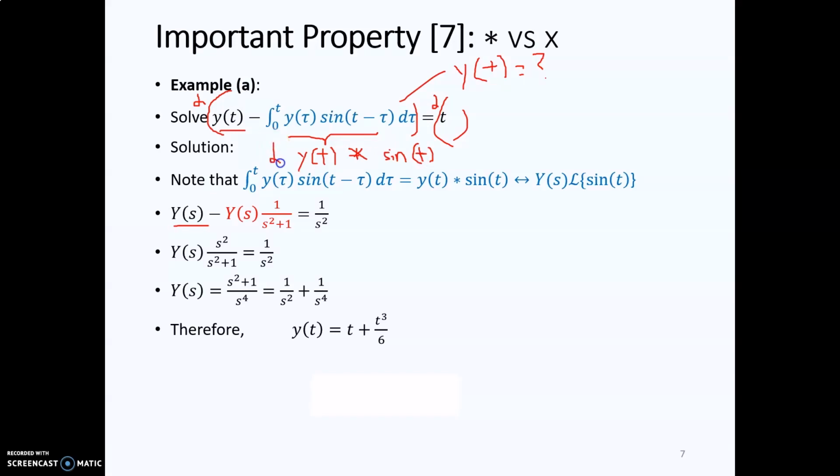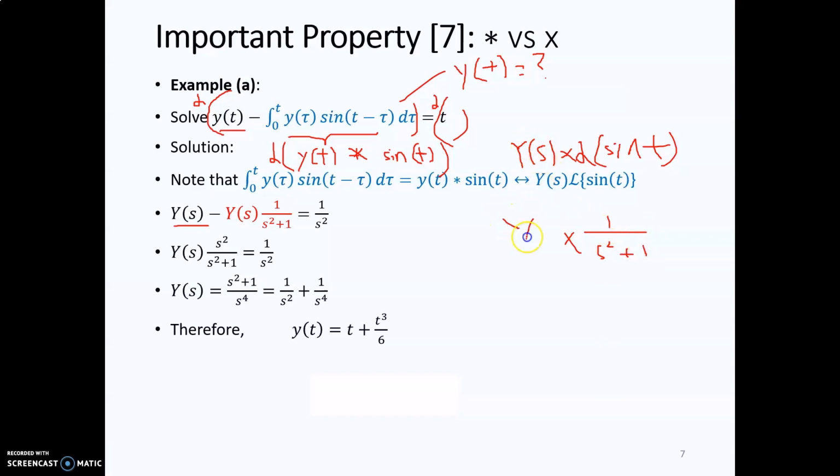And when you take the Laplace transform for this term, the convolution will become multiplication in the Laplace domain. y(t), after you take the Laplace transform, becomes Y(s), multiplied with the Laplace transform of sin t. The Laplace transform of sin t will be equal to 1 over s squared plus 1.